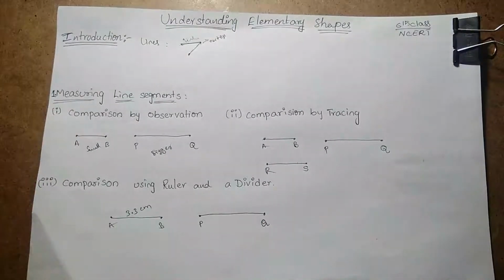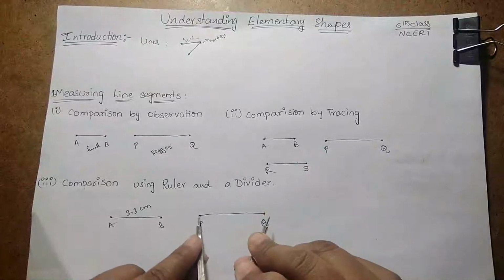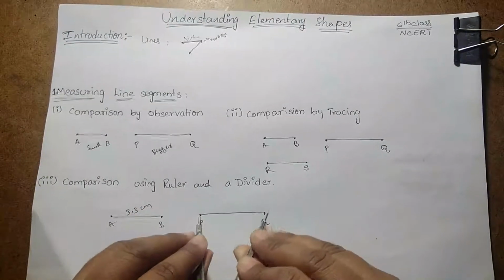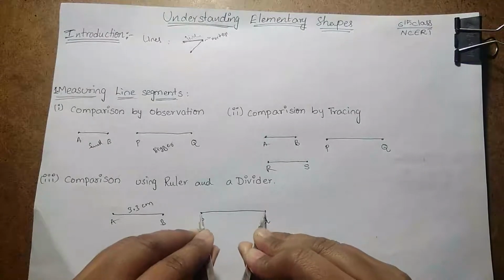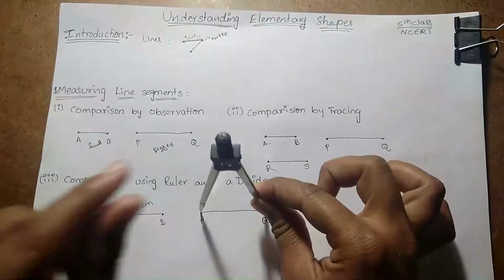Now I am using the divider for this PQ. So let's take the divider. Put one end at one point and drag the other end to the other point. So this was the exact point. See here.